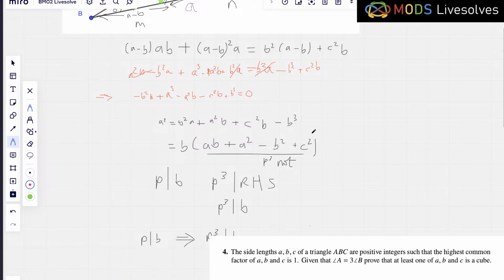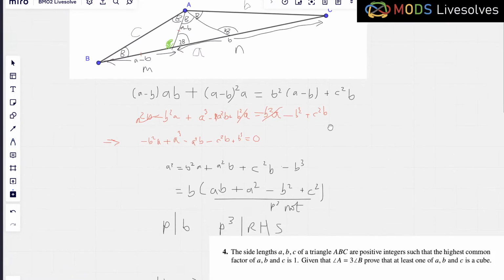Right. Okay, so to recap, we've got this equation.